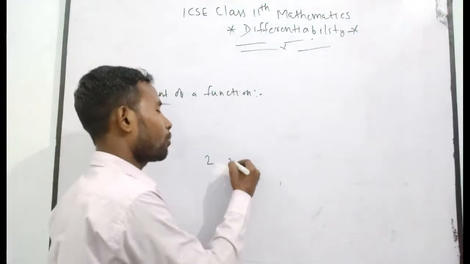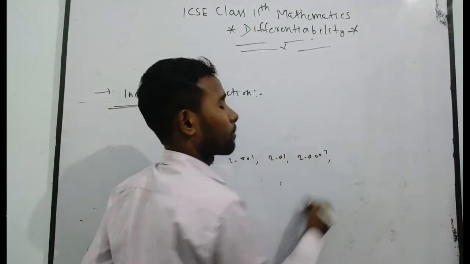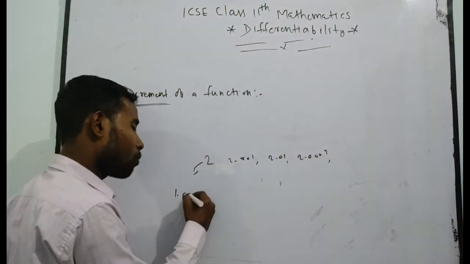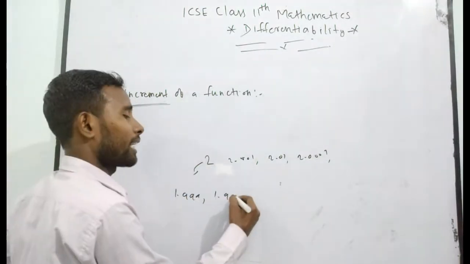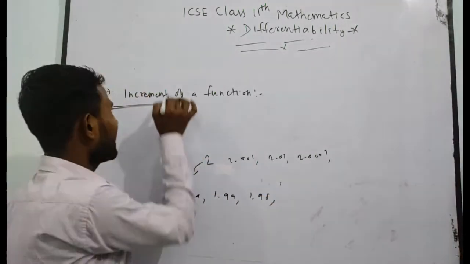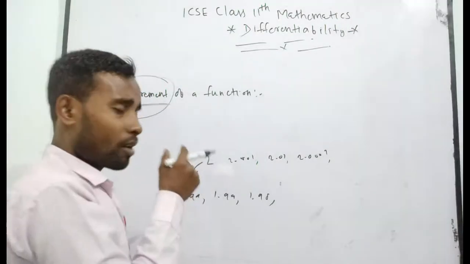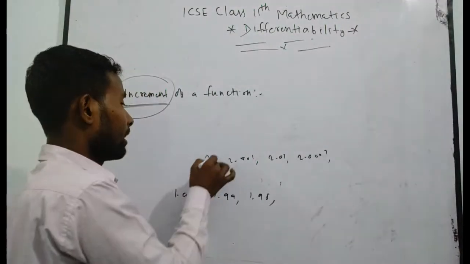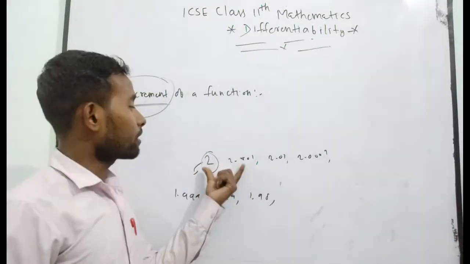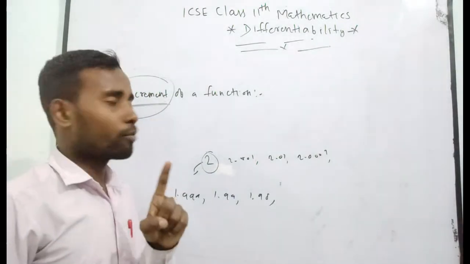Then you can take 2.001, 2.01, 2.00001, and you can also take 1.999, 1.99, 1.98. Because increment is used to take the neighborhood, values very very close to 2.